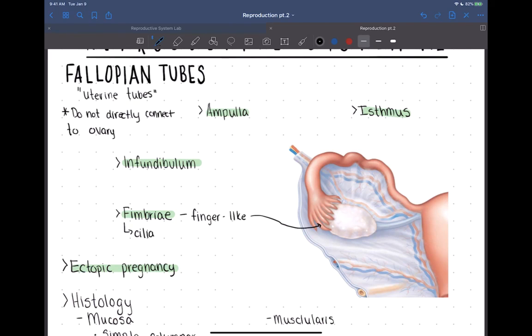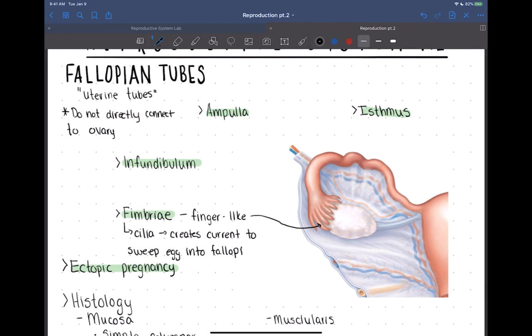Those cilia beat, wave, and create movement, which creates a current that helps to sweep the ovulated oocyte, that egg, into the fallopian tube.